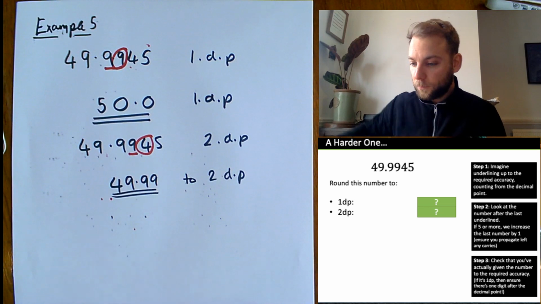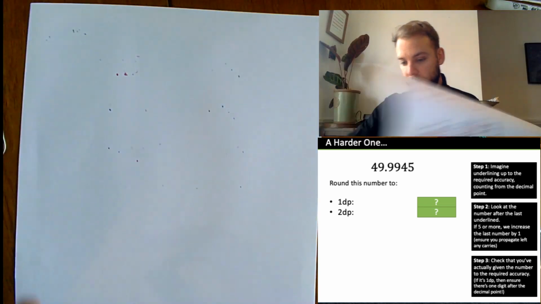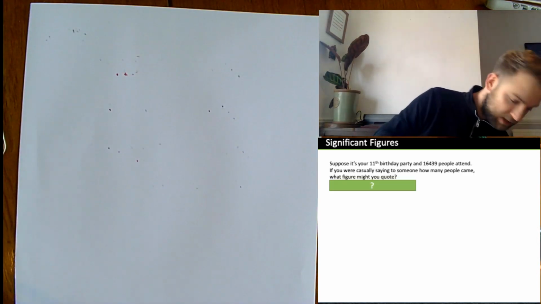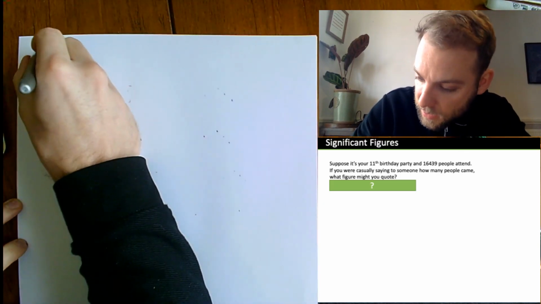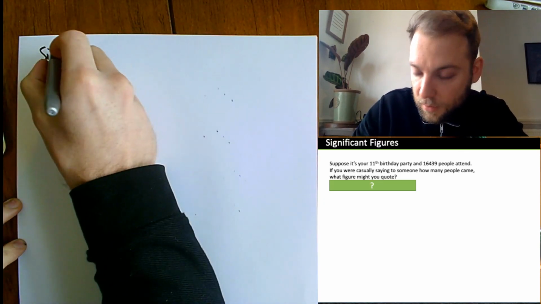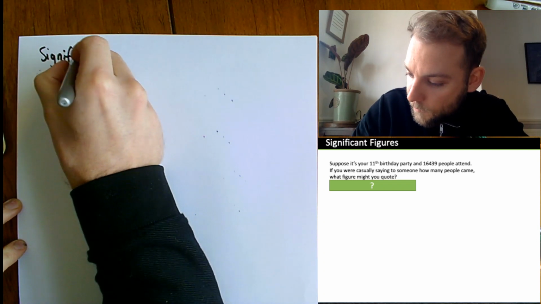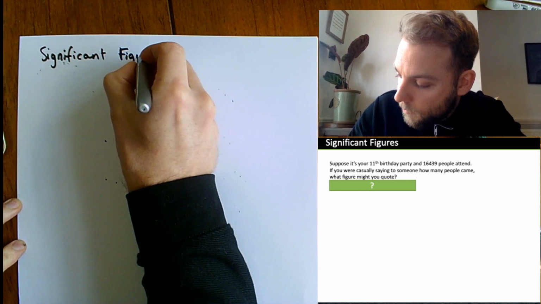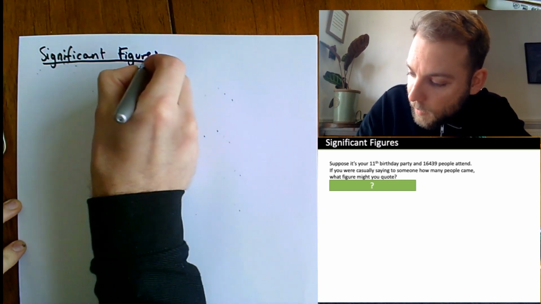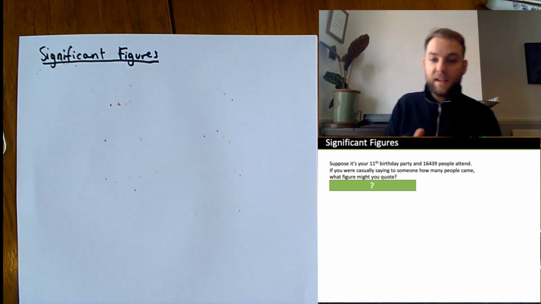Okay. We're going to move on to the next one now, which is significant figures. So here, let's write our title, significant figures. Now they give you a little example here.